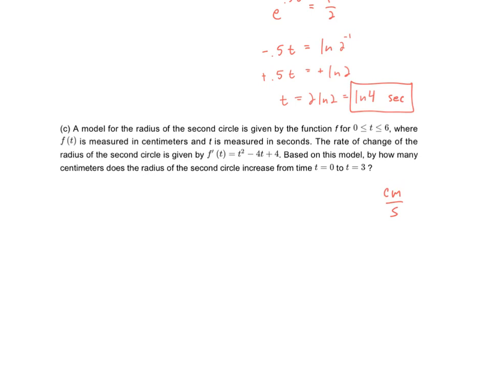And so if you integrate this function, you'll get the total change in centimeters of the radius. And that's what the question asks. What's the total increase of the radius from t equals 0 to t equals 3? And so that's what we'll do.